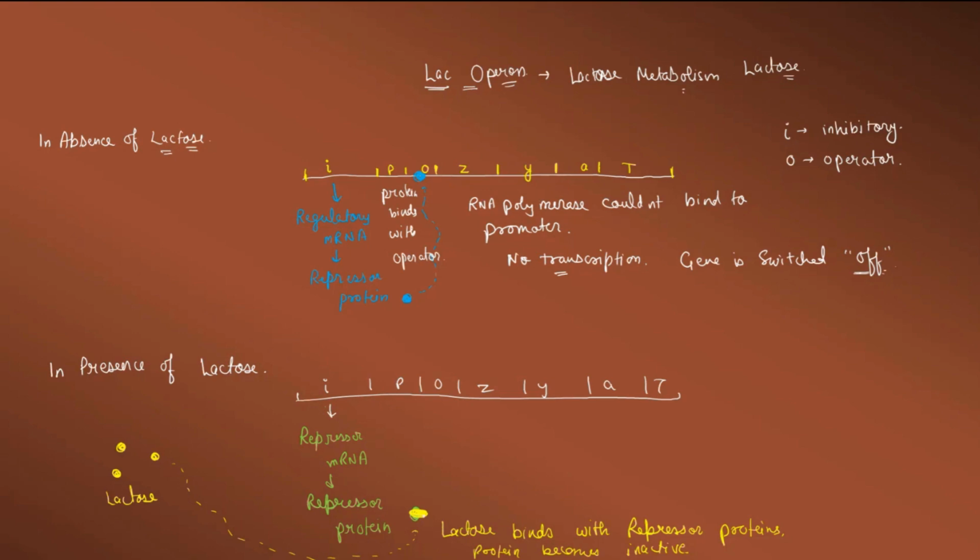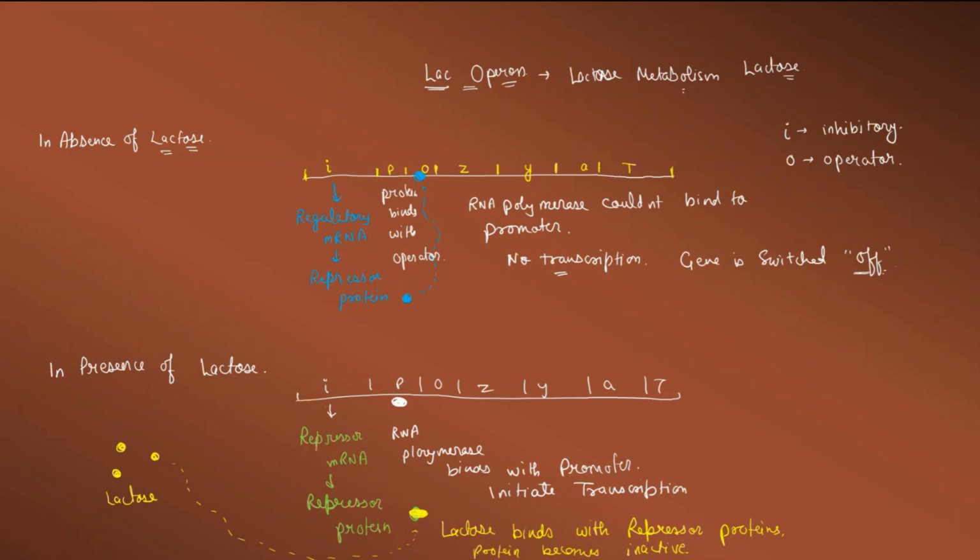Now, in this case, when this protein is inactive, what will happen? There is nothing to bind with the operator, so the promoter site is free. As the promoter site is free, what will bind with it? RNA polymerase. So RNA polymerase binds with the promoter, and it will initiate transcription.